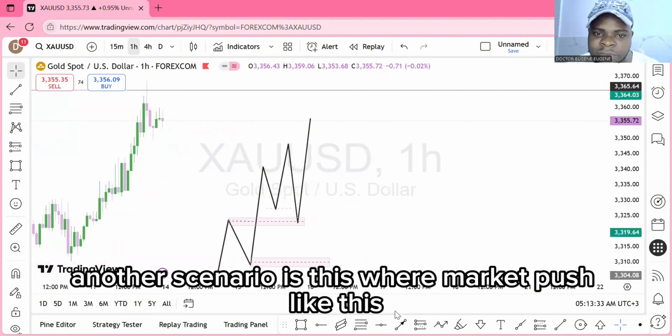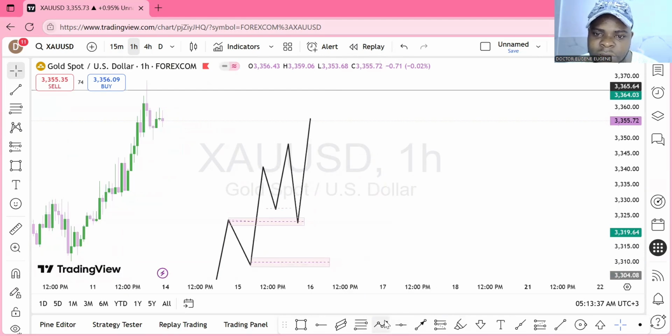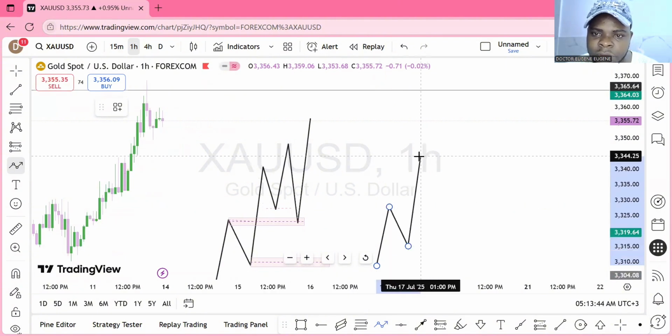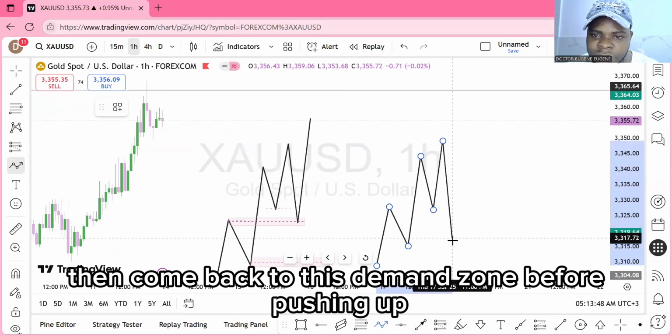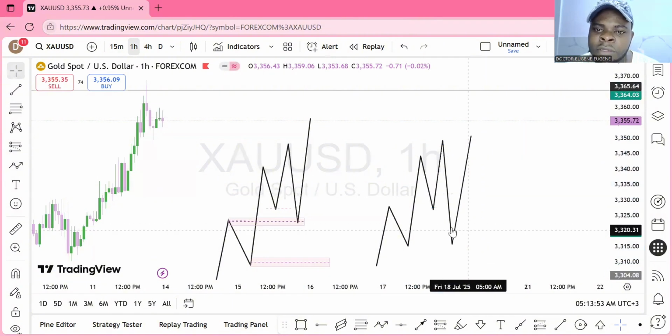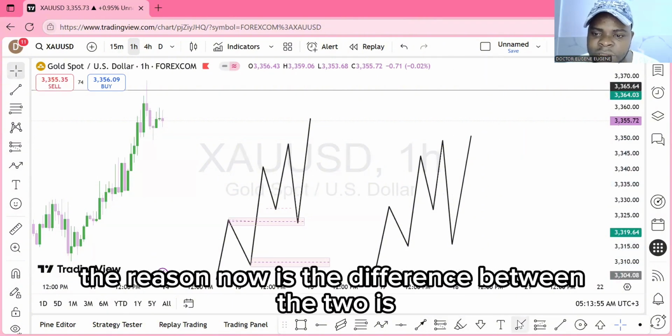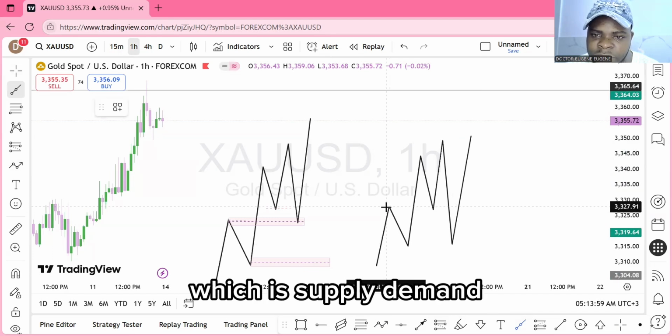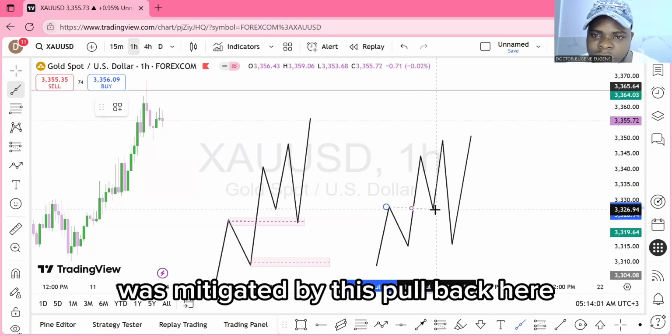Another scenario is this, where the market pushes like this, push down, push up, push down, push up, then comes back to this demand zone before pushing up. The difference between the two is that this particular supply demand point was mitigated by this pullback here.